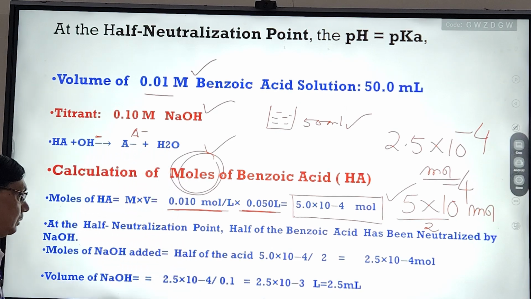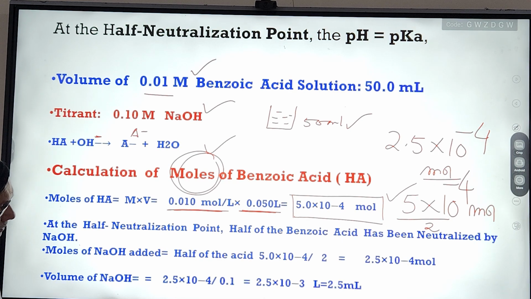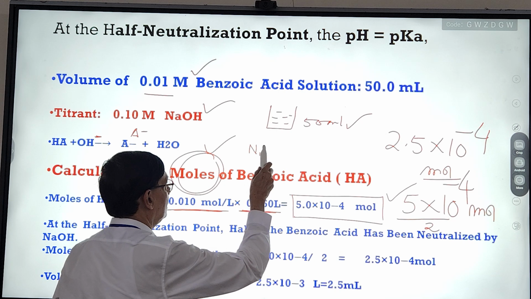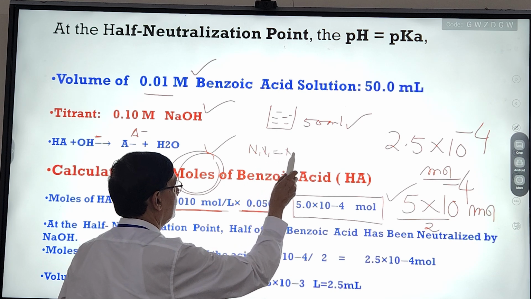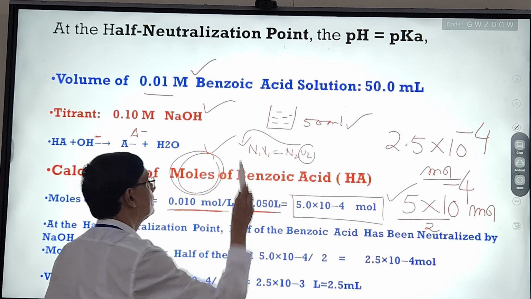But suppose I want to calculate the actual volume of sodium hydroxide for that neutralization. You can also simply calculate using N1 V1 equals N2 V2. That is also possible. You can calculate the actual volume required to neutralize it.